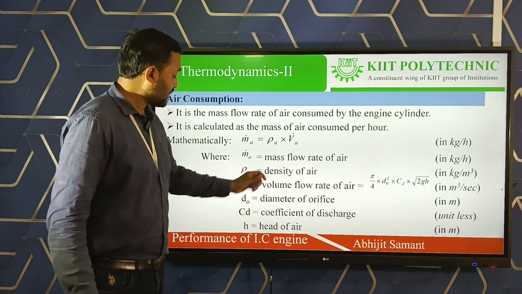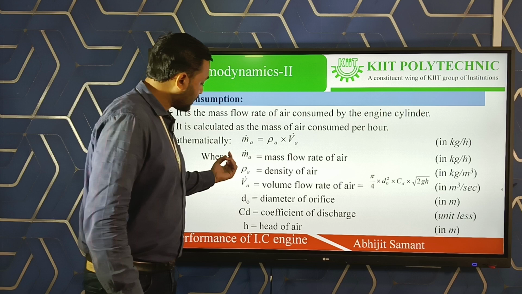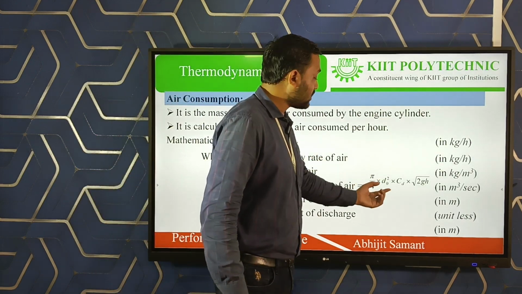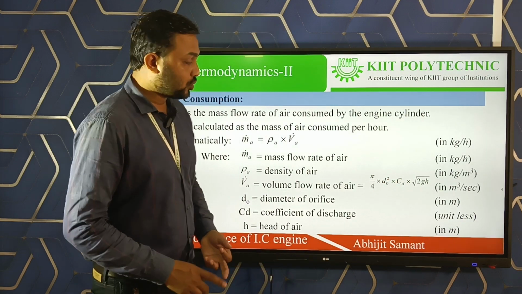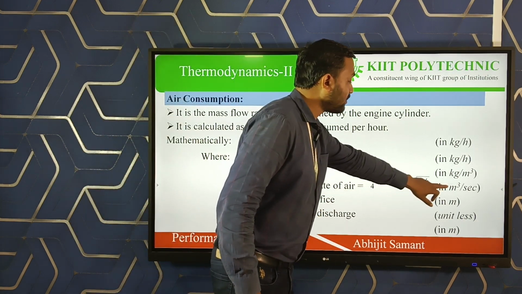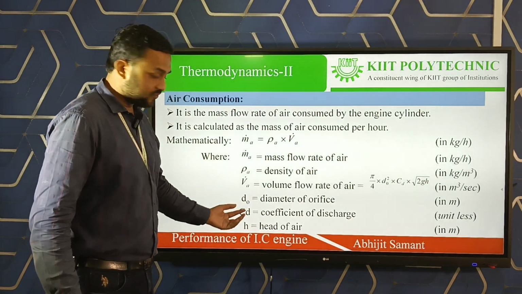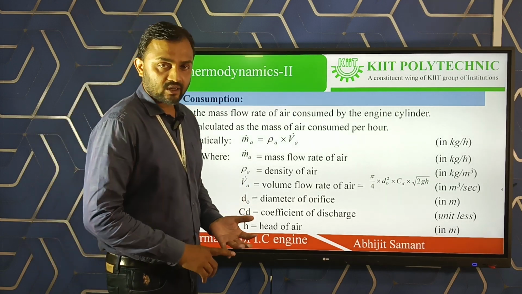The density of the air. v dot a is the volume flow rate of the air. The volume flow rate of the air can also be determined by the formula pi by 4 d0 squared Cd root 2gh. It is determined in meter cube per second, where d0 is the diameter of the orifice, Cd is the coefficient of discharge, and h is the head of the air.